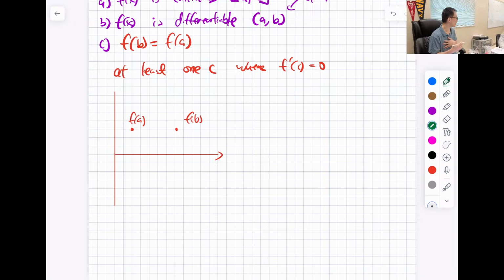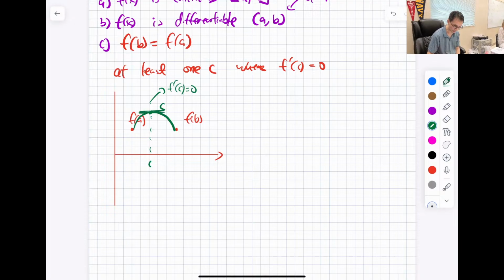But most of the time, it's not going to be a straight line. So I'm just going to give you one situation. You can have this, right? At some point C here, f prime of C is equal to 0 because that's a horizontal tangent. Is that okay?